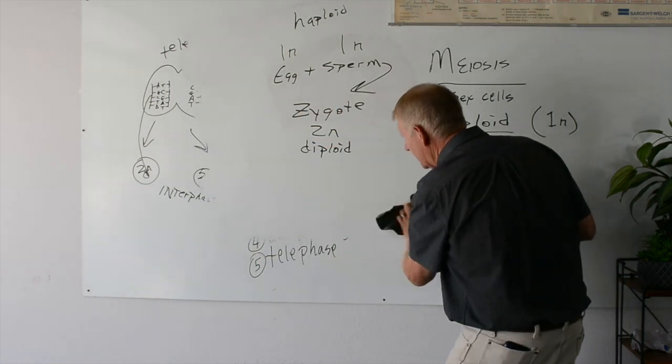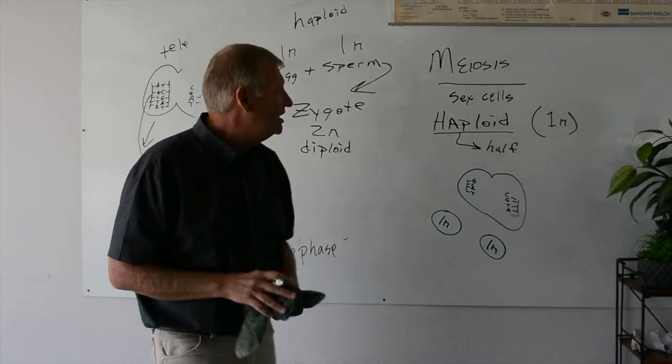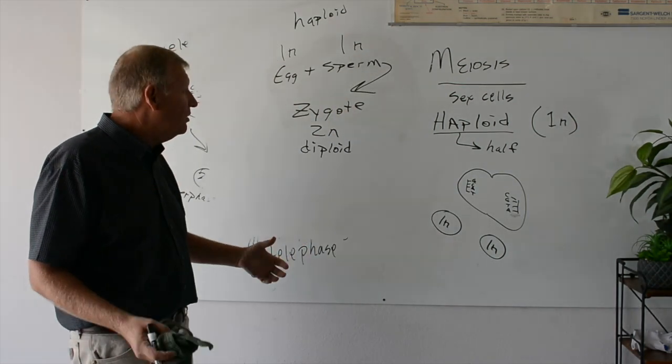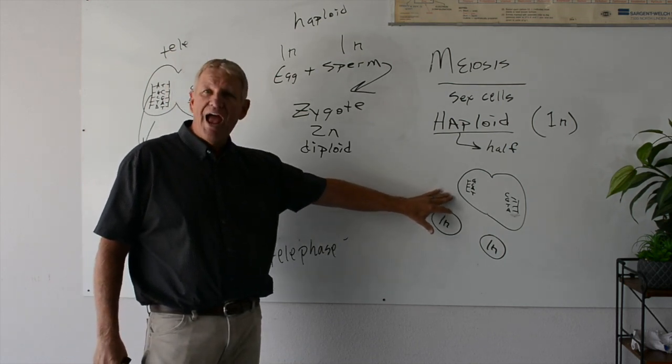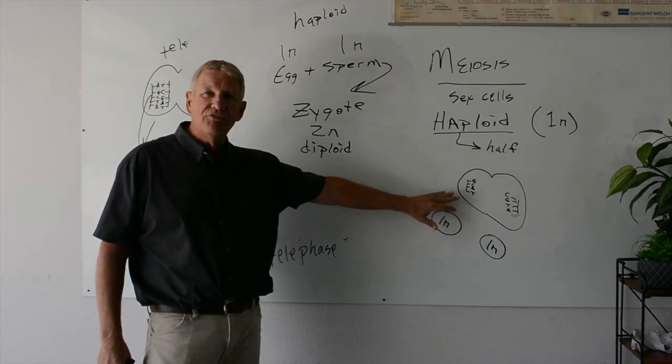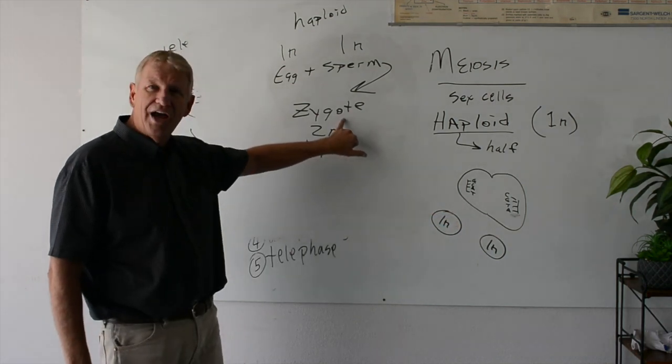So once again, let me reiterate that, because it seems like a lot of information. What's happening over here in meiosis? Half of the DNA is from your mom, half the DNA is from your dad. When it comes together, it forms what's called a zygote.